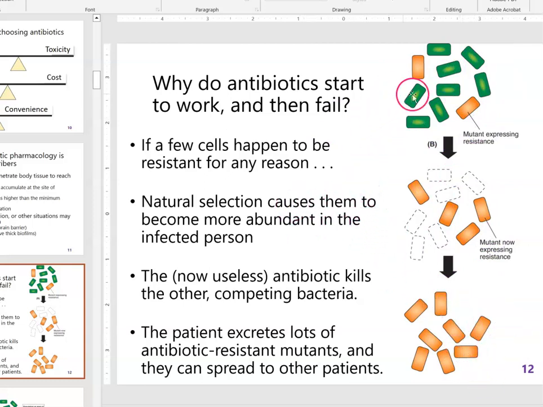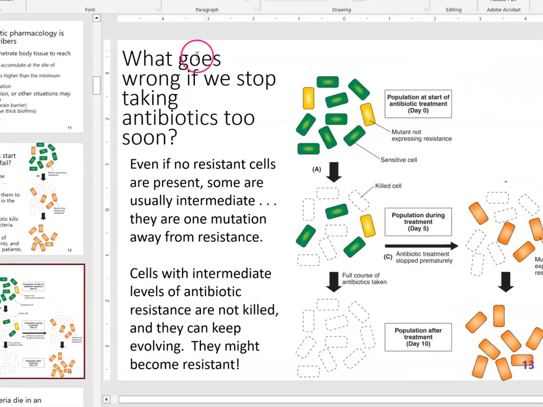The two examples of this are why antibiotics would start to work and then fail, and what goes wrong if we stop taking antibiotics too soon. Make sure you go through this and come back to it after you've looked at disinfection, decimal reduction time, and the 3 C's of disinfection, because antibiotics work the same way.